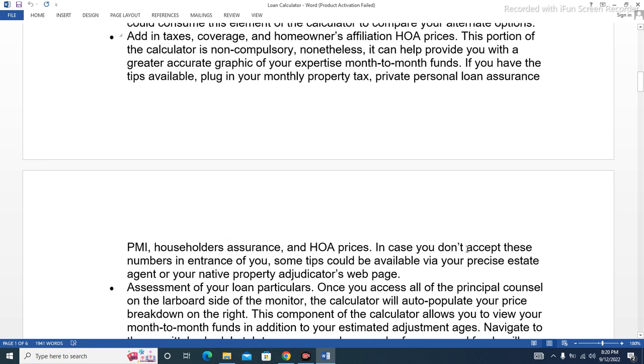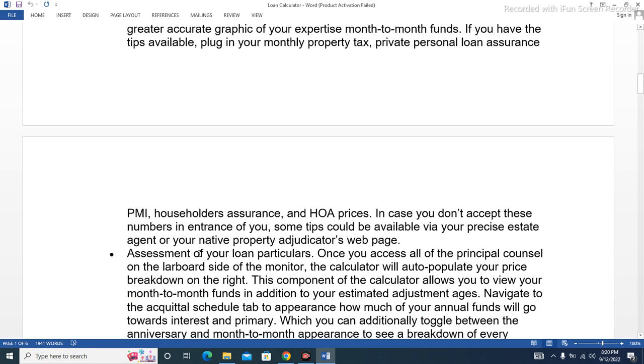In case you don't have these numbers handy, some information could be available from your real estate agent or your local property assessors website.